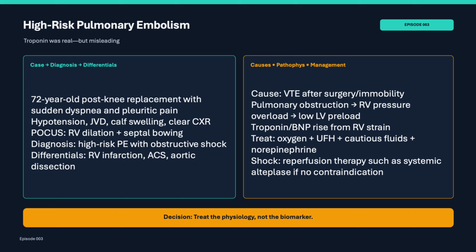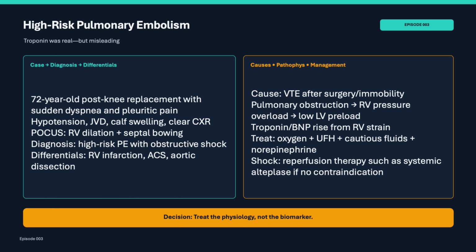CT pulmonary angiography is the major diagnostic test when the patient can safely undergo imaging. But CT pulmonary angiography is not a treatment. Management includes oxygen support, anticoagulation when appropriate, careful hemodynamic support, and urgent consideration of reperfusion.